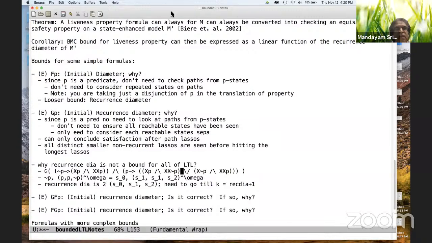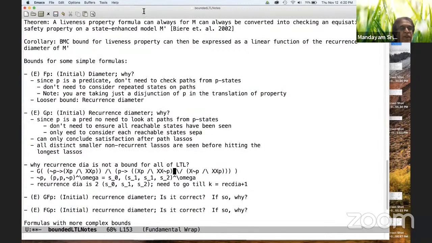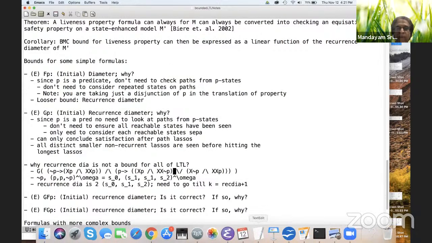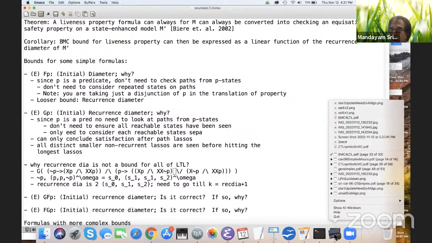So the diameter is the maximal distance between any state that is reachable from any one of the initial states.